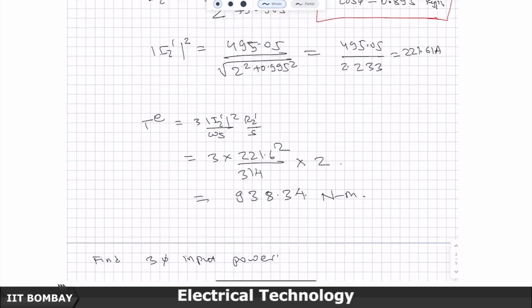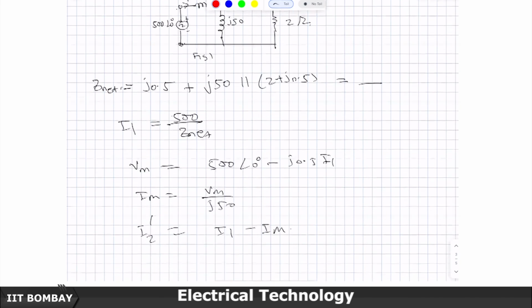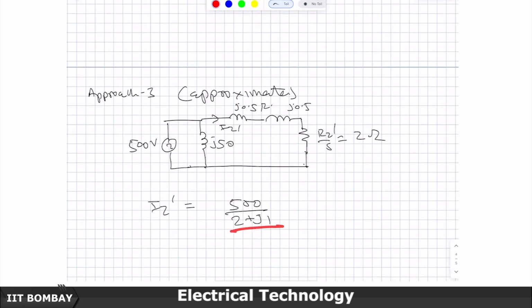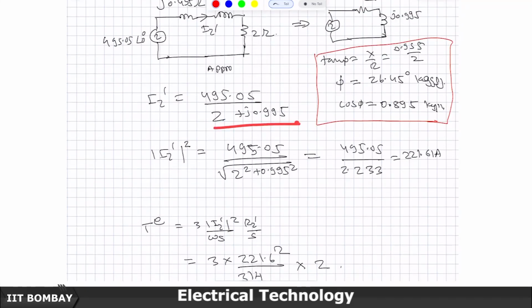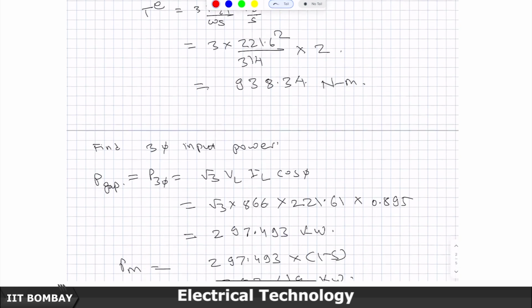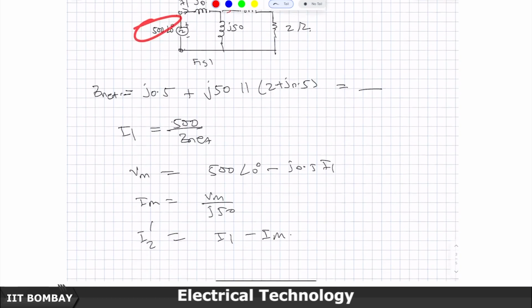If you compare it with here, not much difference: 2 plus j 0.955 here, and here it is 2 plus j 1. Here we are writing Thevenin's equivalent voltage as 495.05 volts, but in the approximation we will just take it as 500 volts.